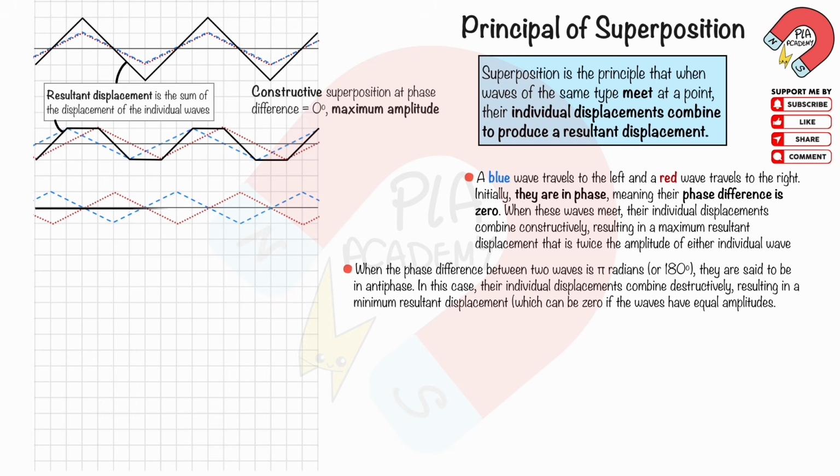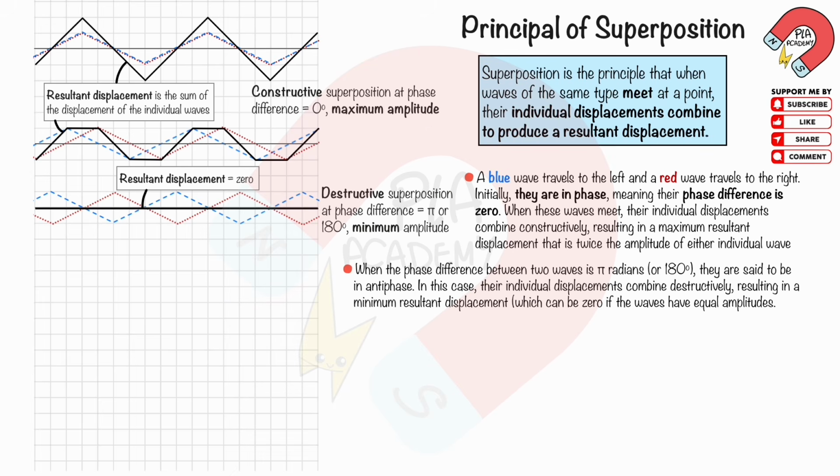Their individual displacements combine destructively, resulting in a minimum resultant displacement, which can be zero if the waves have equal amplitudes. This is called destructive superposition, which occurs when waves are in antiphase, with phase differences of pi radians, or 180 degrees, creating zero amplitude.